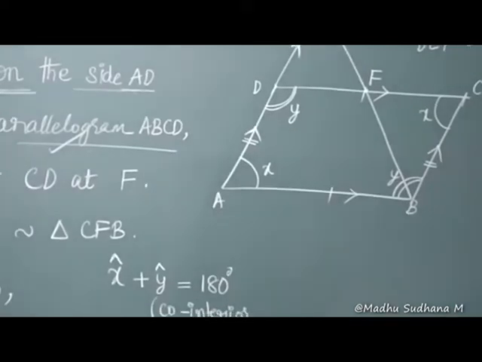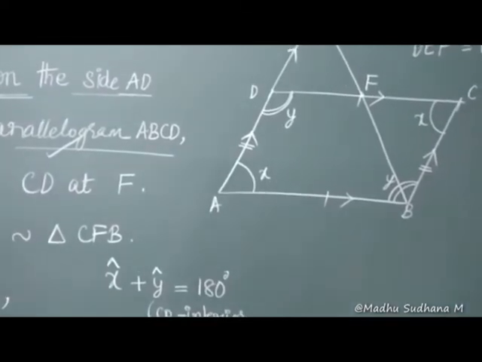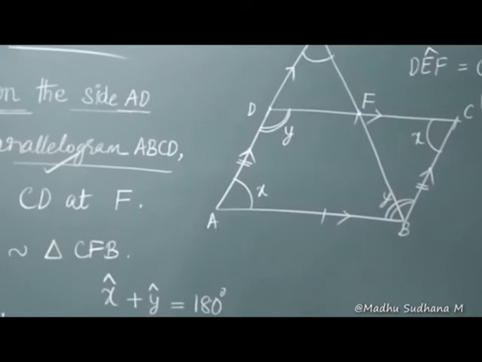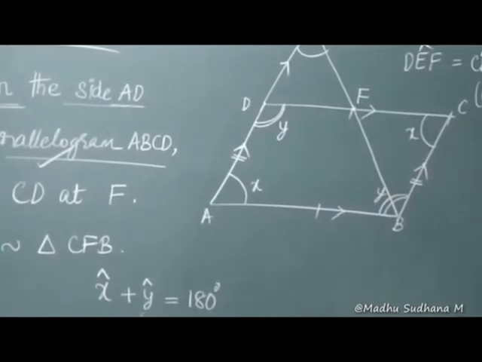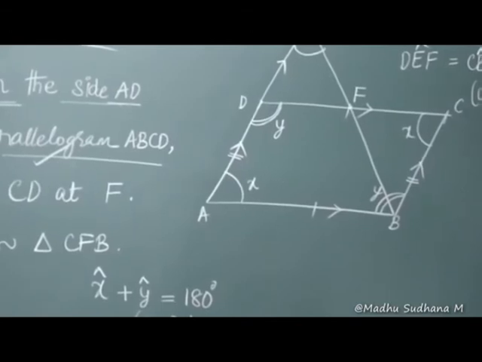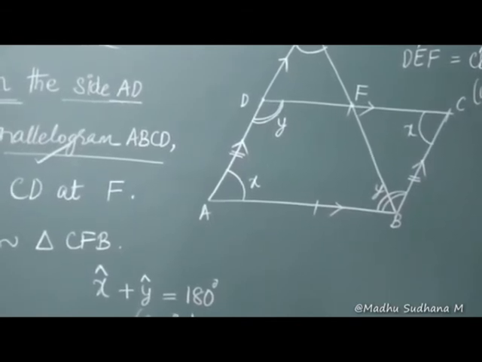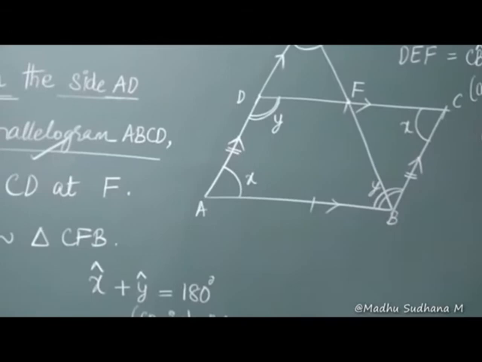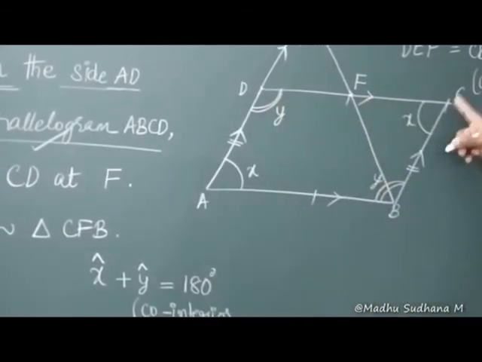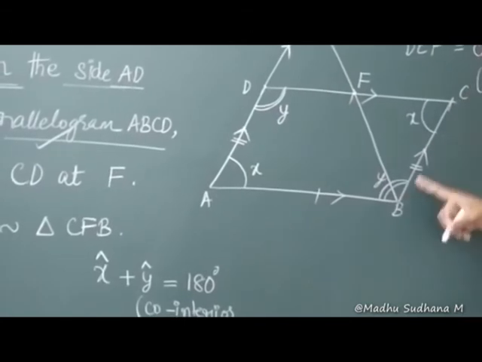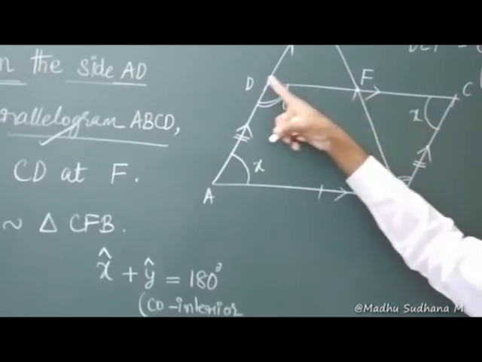So how to find the alternate angles? You can find the shape of the Z. This angle and this angle are called alternate angles only when this line is parallel to this line. Followed it? So for DEF, the corresponding vertex was C here, so I started with C. CBF and DEF.